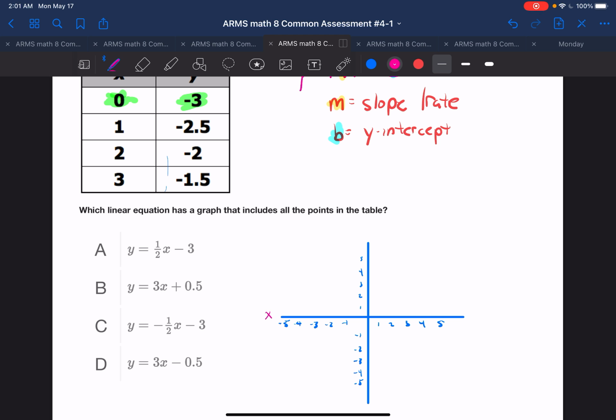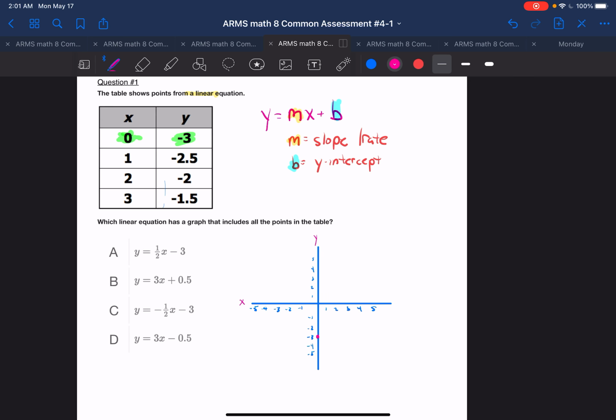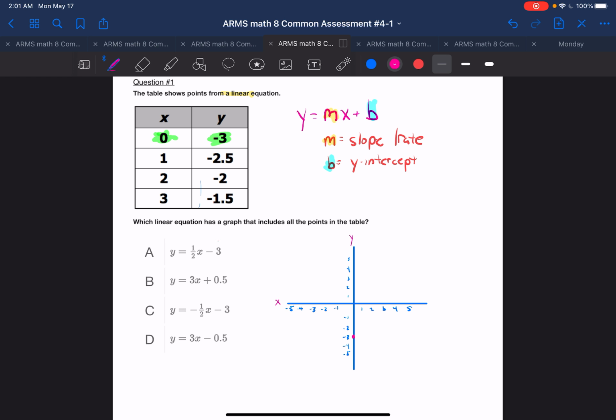This is the x, this is the y, right? So when x is 0, here's -3, right? That's what it crosses. That's the y-intercept. So right off the bat, you know it's going to be either this one or this one. So you can cross out this or this.